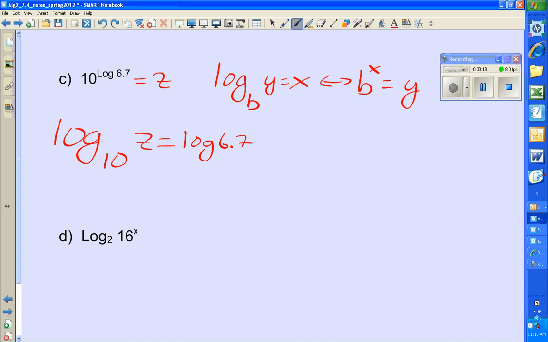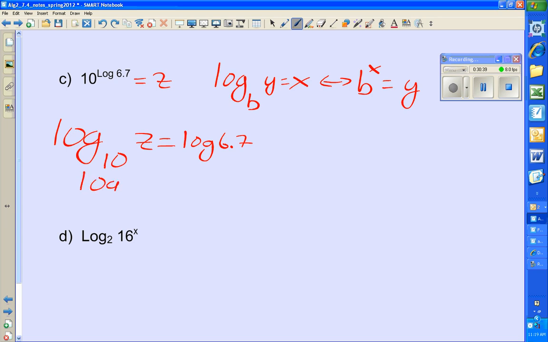Can you go from this black statement, equals z, and turn it into the red statement? That's where we are. What's log base 10? Common log.